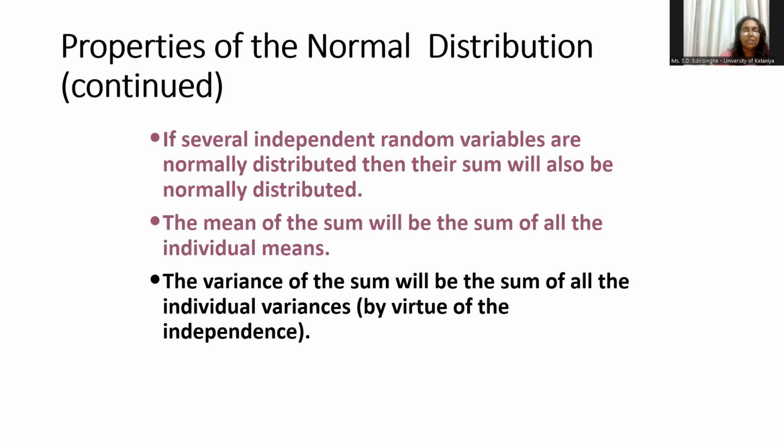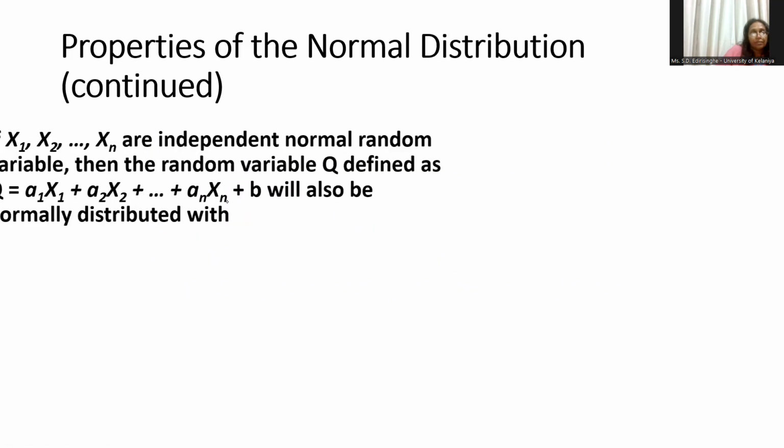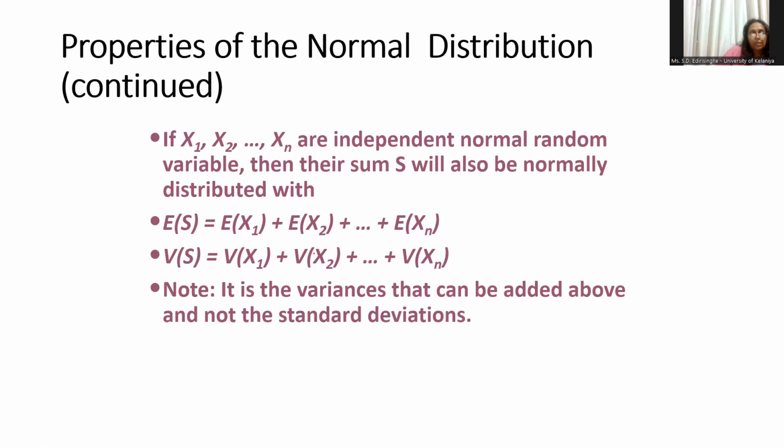we can state these as properties. If several independent random variables are normally distributed, then their sum will also be normally distributed. So this is what I told you. If there are x1, x2, ..., xn, they are independent normal random variables, and their sum will also be normally distributed with expected value of each and every scenario.